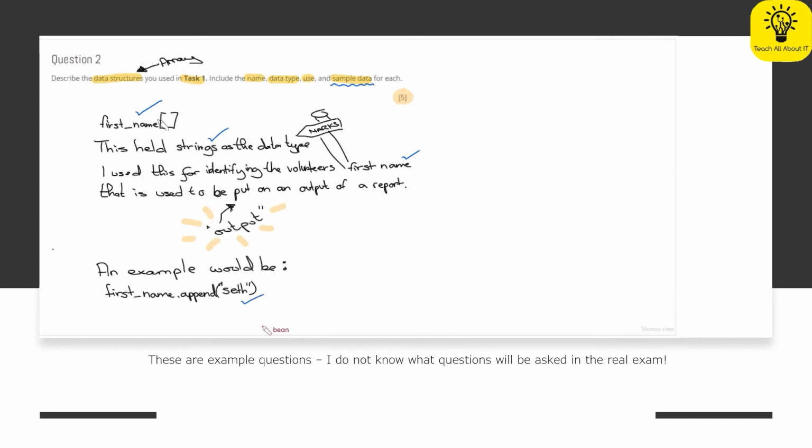And I think the 5th mark would probably come from saying where it's used later. So because we're being asked to describe, that actually requires a little bit more than simply saying it's to hold this. If they use the word state, then you could just say, I've used it for holding the volunteers' first names. That's it. If they ask for describe, we need to extend what we're writing.